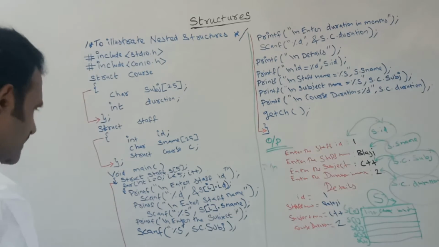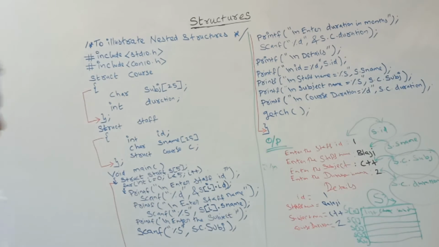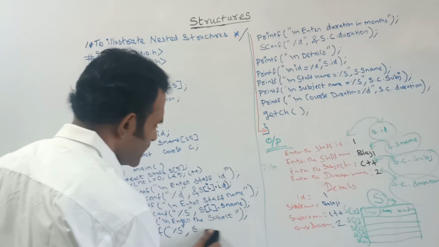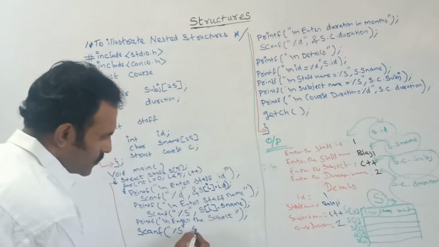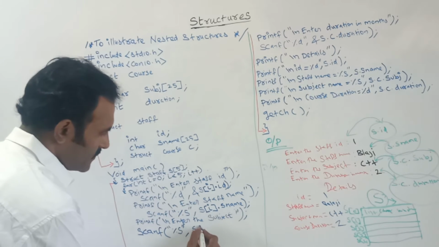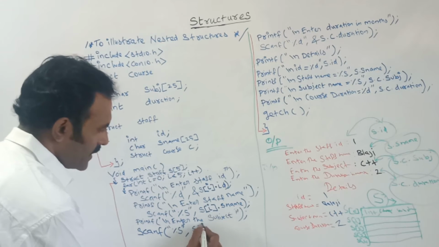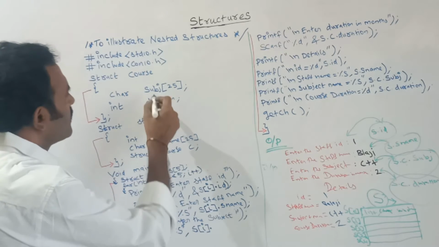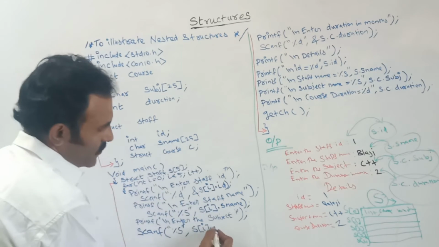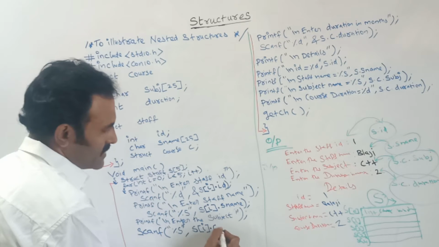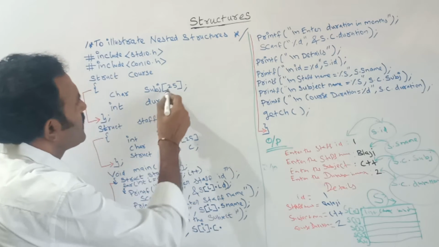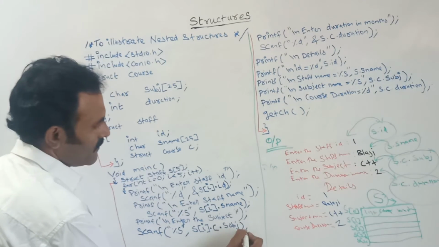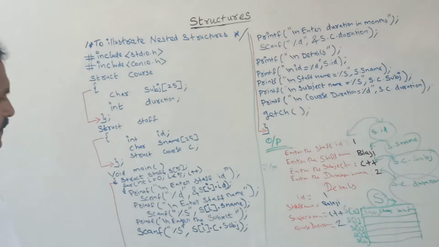In the same way, see, this is a structure within this structure. Here, to this s of ith position, dot, the course name is c, s of i dot c dot, next, subject.